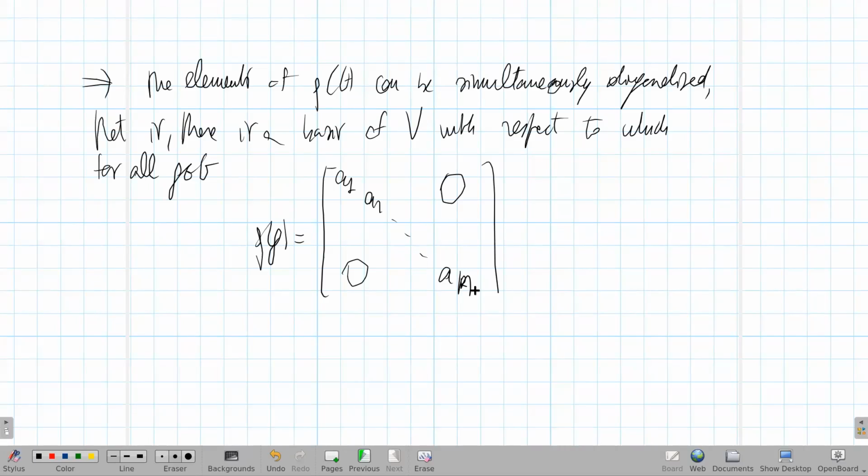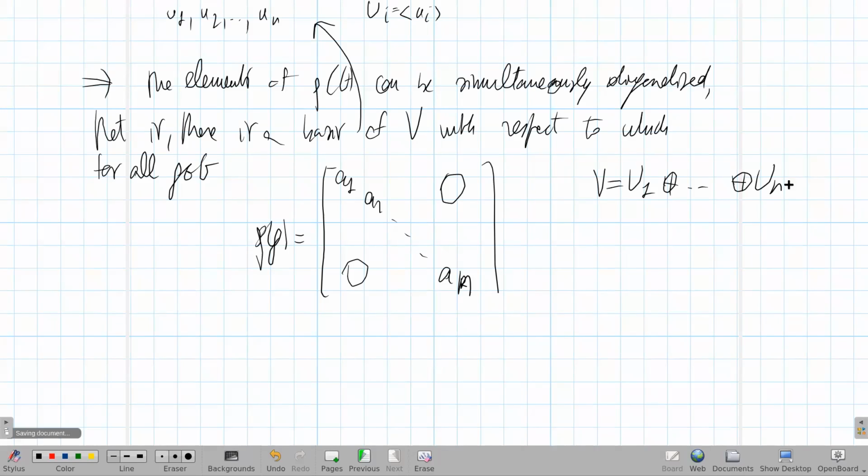I'll get back to this tomorrow, but this tells you that V is the direct sum U1 through Un. If this basis is lowercase u1 through un, then you take capital U_i as the subspace generated by u_i, and V is the direct sum of these, where all the subspaces are rho(g) invariant, because all matrices are of this kind.